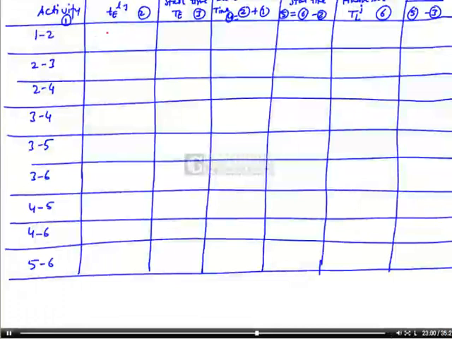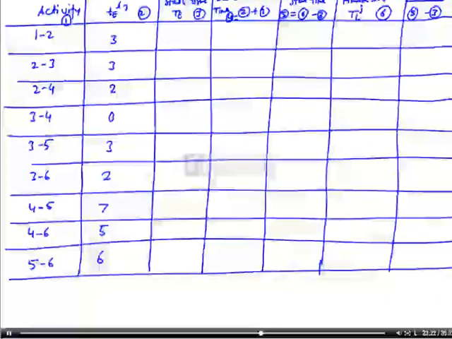So average duration of the project is given as 3, 3, 2, 0, 3, 2, 7, 5, 6. Now earliest start time we can calculate from T of all the event. So 1 to 2 is, so T of i, so this is 0. Then 2 to 3 T will be 3.